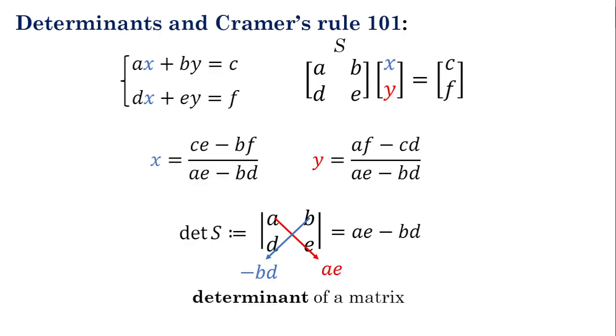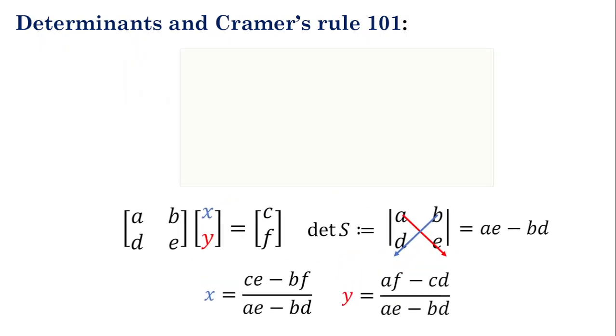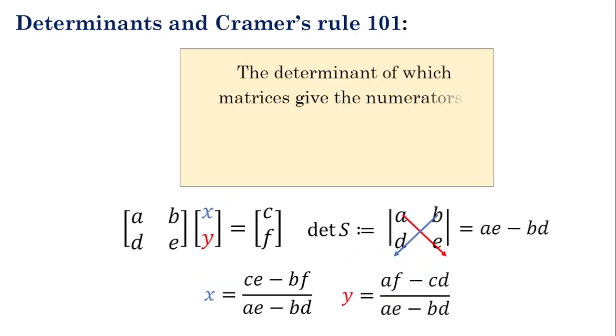Why? Because it helps us to determine the solutions of a system. And while this example was just for a 2 by 2 matrix, it actually generalizes to any n by n matrix. So now you know this, here's a challenge for you. What are the matrices whose determinants are the numerators of these solutions?